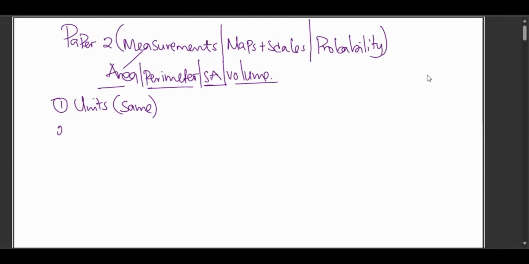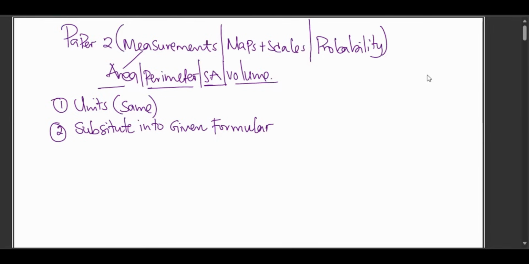Then number 2, learn how to substitute into the given formula. Please do not just give up and say, since the formula is given and I don't know how to do this, you just leave it. Please substitute. Where it says pi, put the pi.